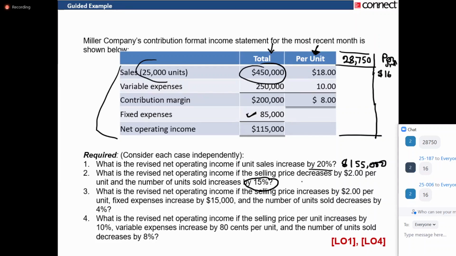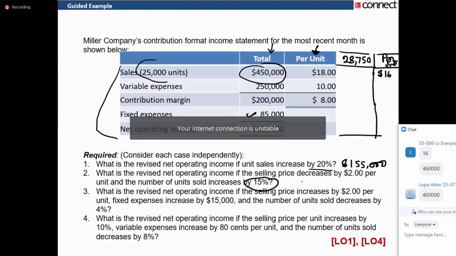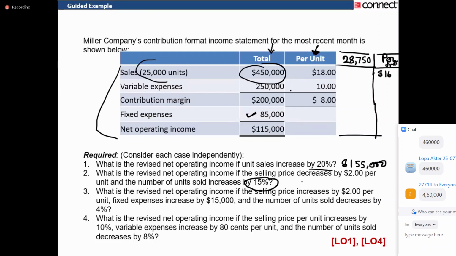Let me write the per unit number here. Now, what will be the sales amount in terms of dollars if we have the 28,750 sales and the $16 sales price per unit? We have the sales value of $460,000.